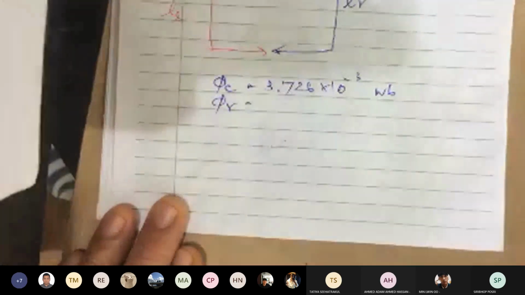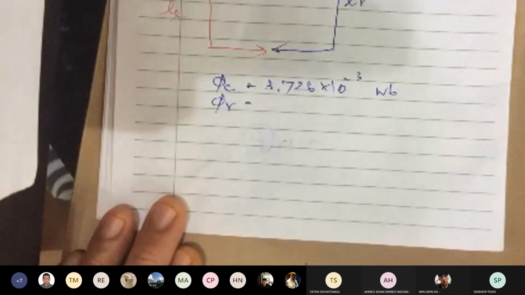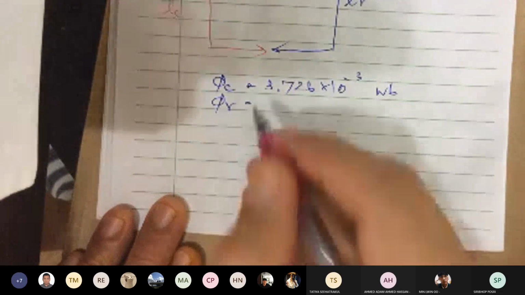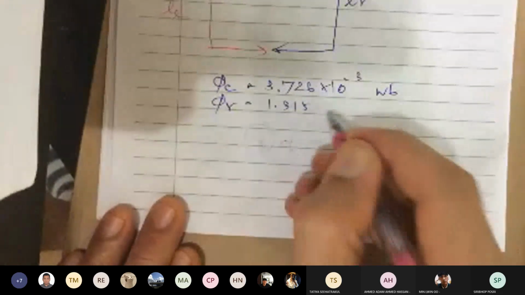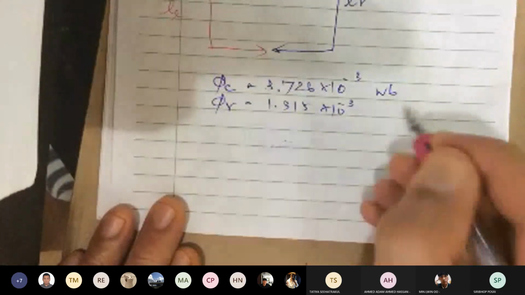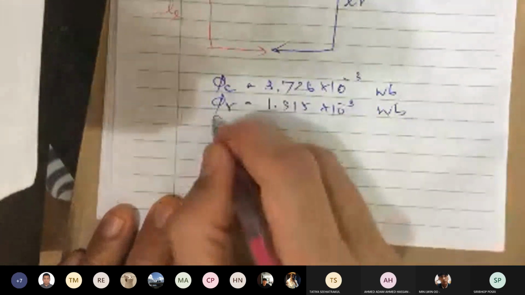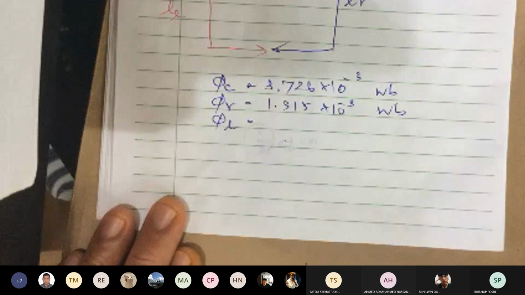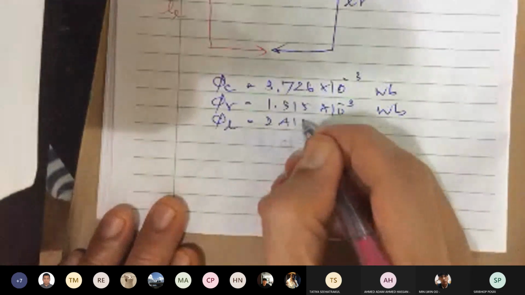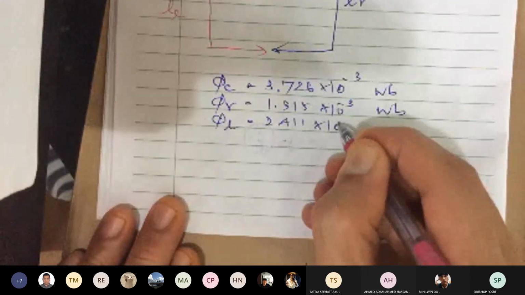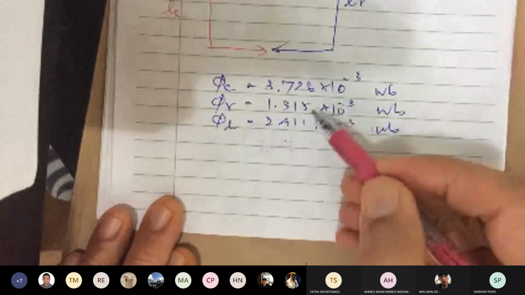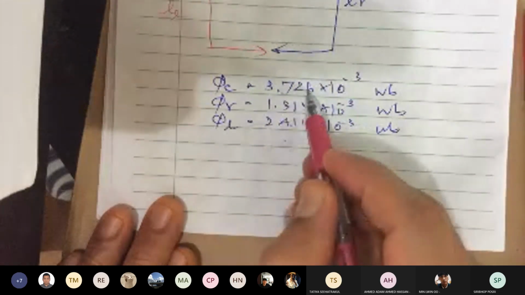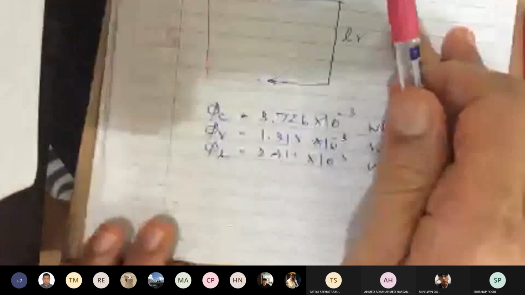Phi right is 1.315, again milliweber, or 10 to the negative third. Phi left is 2.411. Notice that left and right add to get phi C, because that's what we have in the magnetic circuit.